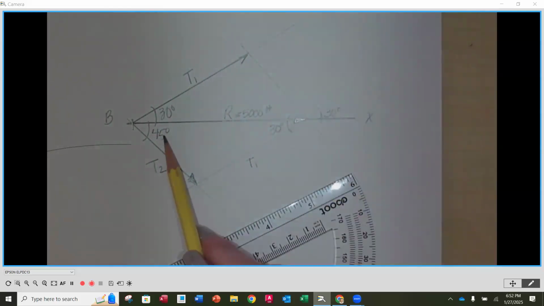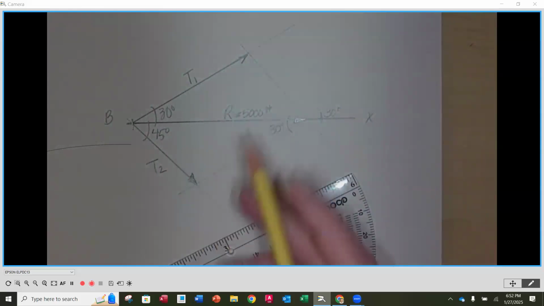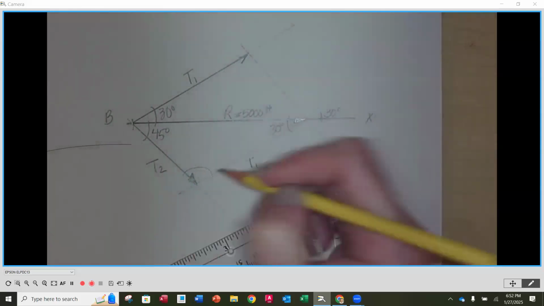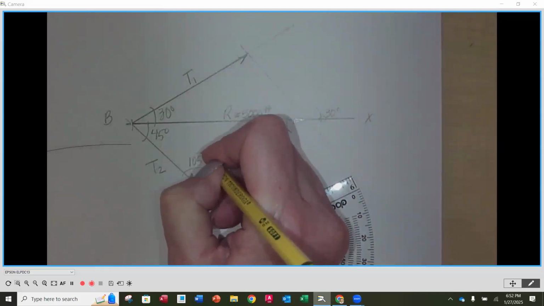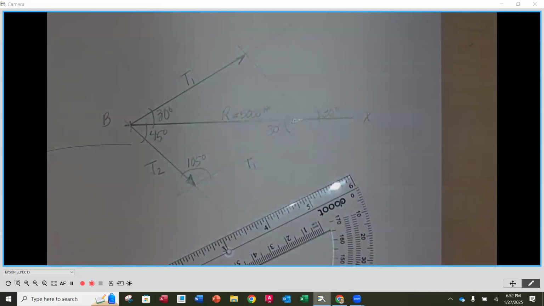So then if I know that this is 45 and this is 30, can I calculate what this angle is? Yeah. So I know that this angle is going to be 180 minus 75, right? So that looks, I think that's 105. There we go. Okay, so we know all the internal angles. We know the resultant.